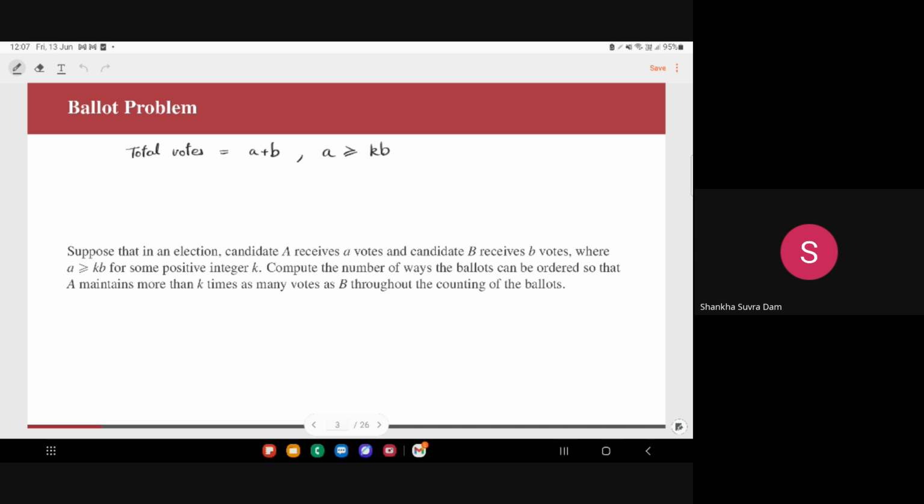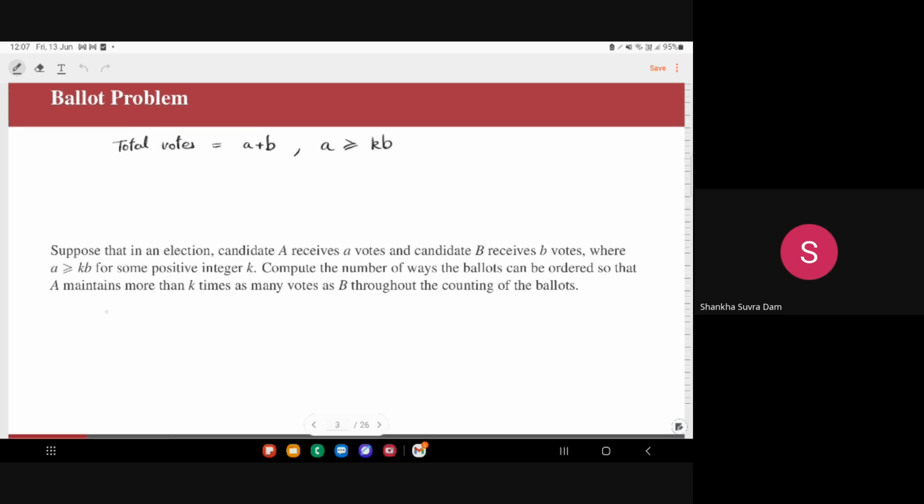For example, if it's happening in real time, let's say we start with candidates A and B. These are rods for A and B, and votes will be in the form of an abacus. These things will be votes.